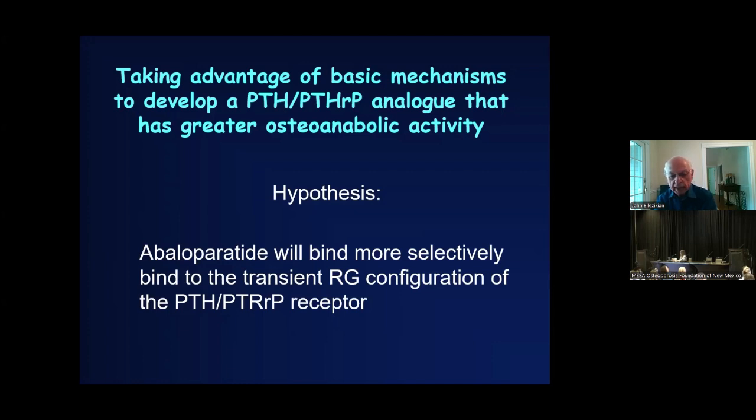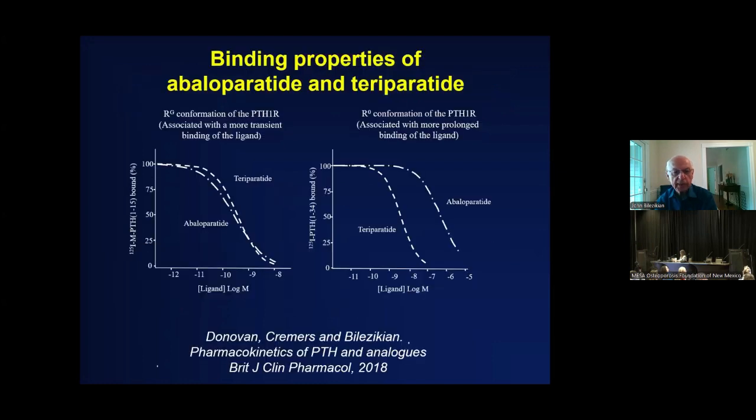The RG configuration is the one that is thought to link more effectively into the anabolic pathways of the cell. So if you compare abaloparatide and teriparatide in this regard, and look at the RG conformation, which is the more anabolic one, you won't see much of a difference in terms of binding of these ligands to the receptor. But if you look at the R0, which is the non-anabolic conformation, you see that abaloparatide has much less affinity than does teriparatide.